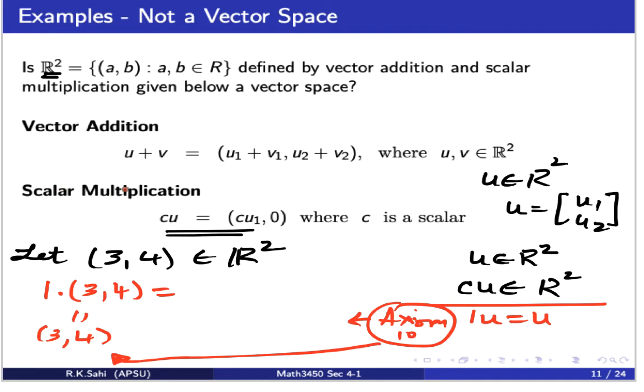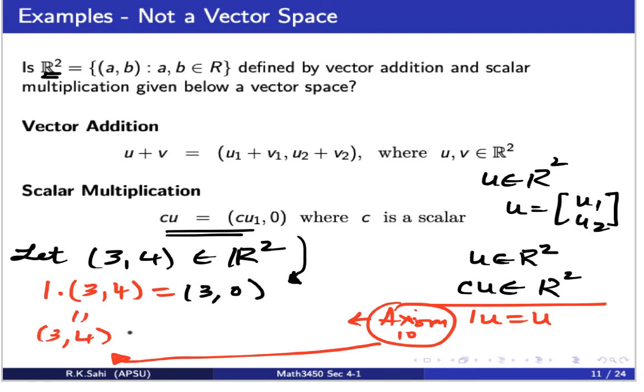But when we apply the definition given to us, C times U is only multiplied to the top. That means 1 is only multiplied to 3 and the other part becomes 0. So when we apply this definition, this becomes (3, 0).